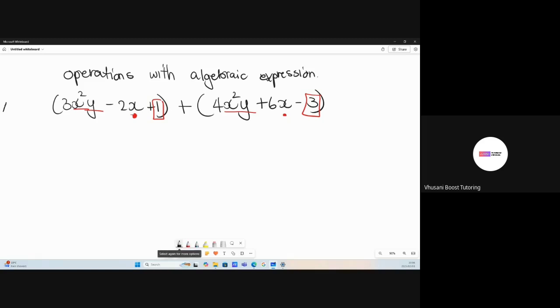So 3x squared y plus 4x squared y gives us 7x squared y. Then negative 2x plus 6x leaves us with a positive 4x. Positive 1 minus 3 leaves us with a negative 2. That will be the final answer.